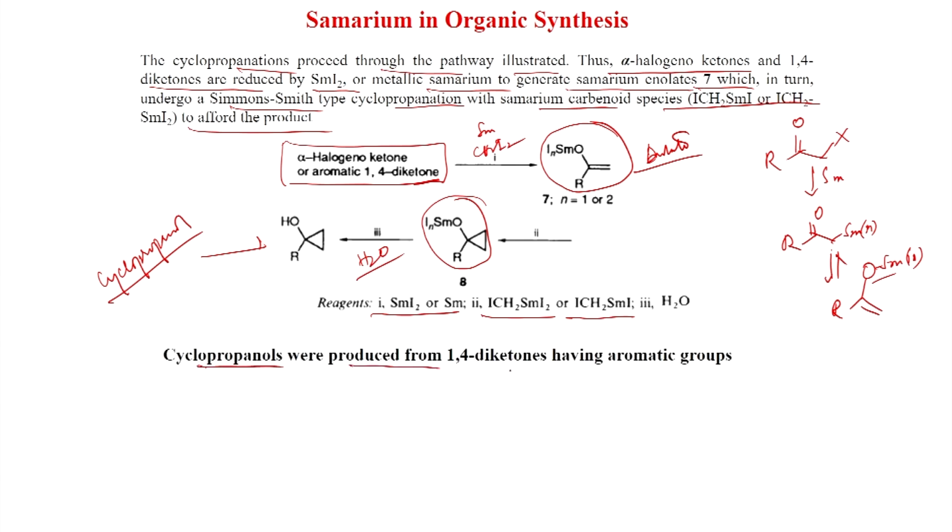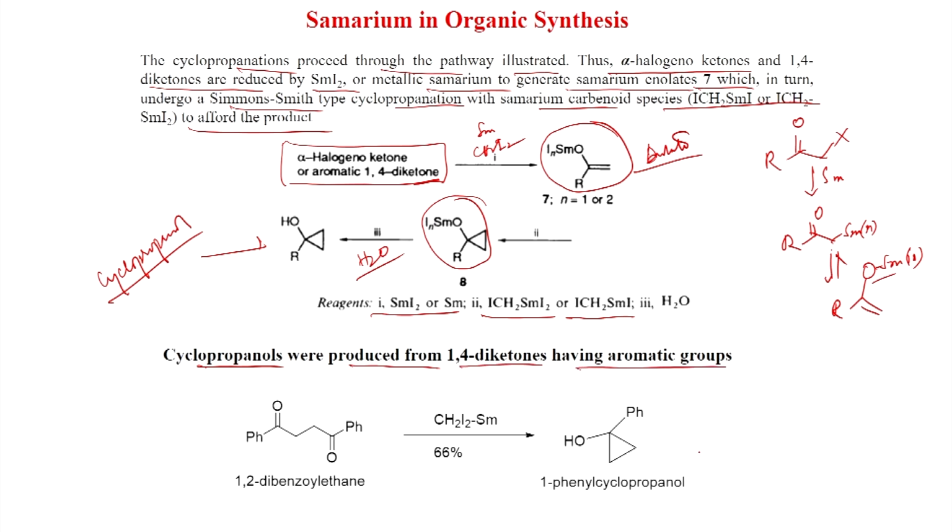Cyclopropanols are produced from 1,4-diketones having aromatic groups. This is also special. So, this is 1,4-aromatic diketone, and here if you see this product, that means this bond has been broken.